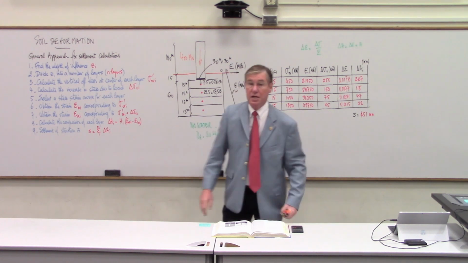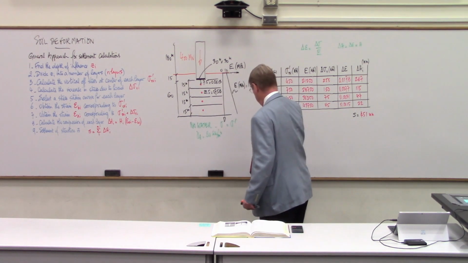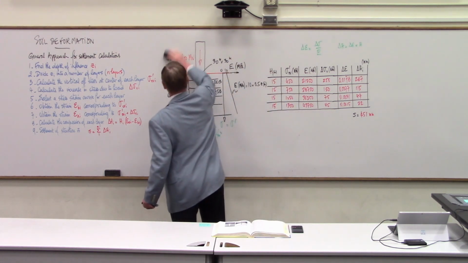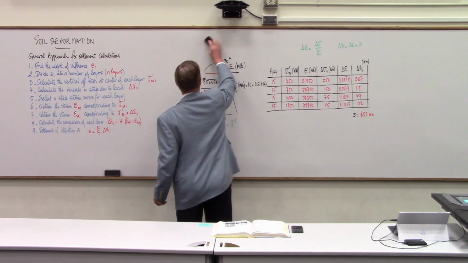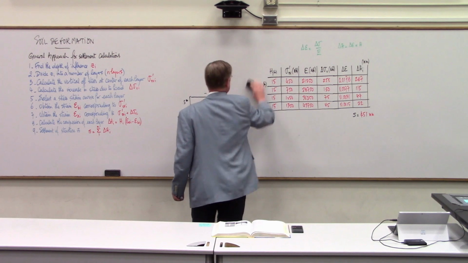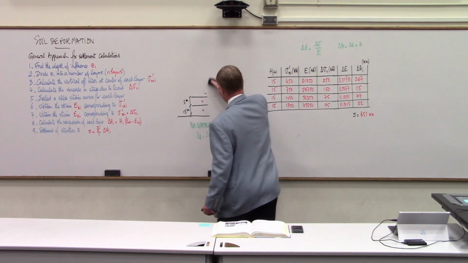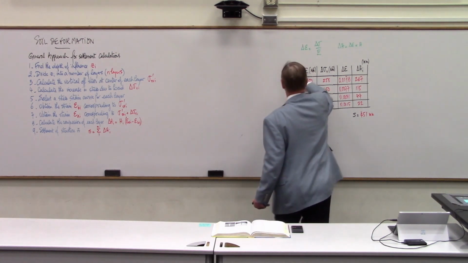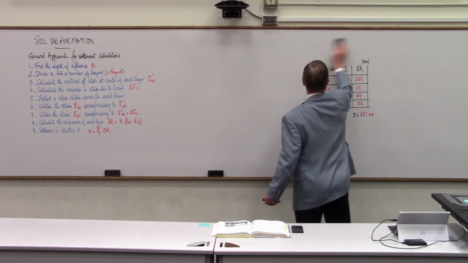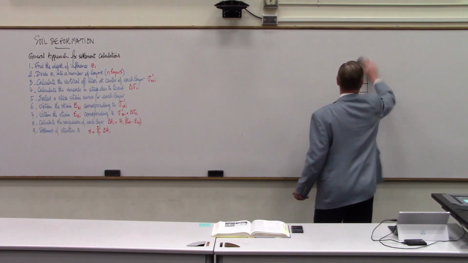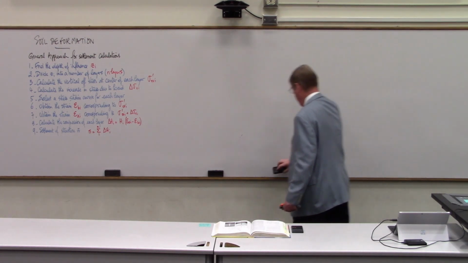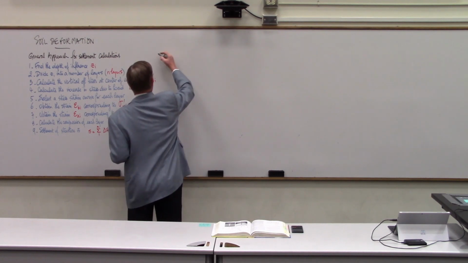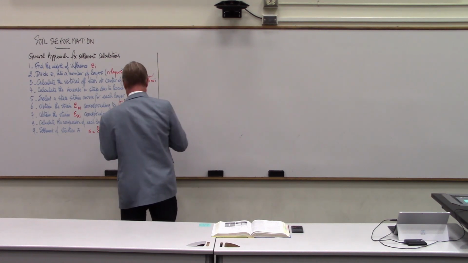Special case of a thin layer for the consolidation case that I mentioned. Let me take this out and do the special case of a thin layer. And we're going to use the consolidation curve.